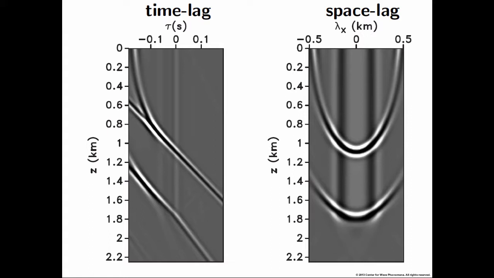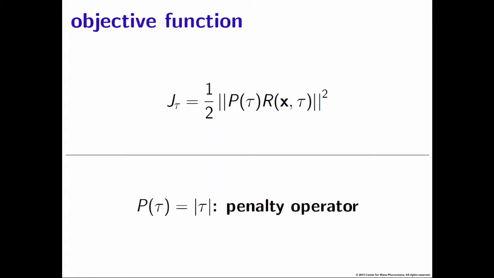So we can use them together in an optimization problem that minimizes the energy away from zero lag. This is a DSO type of objective function, kind of different to the one that Tony showed just previously, that penalizes the energy away from zero lag. So if the velocity is correct, the residual should be close to zero.